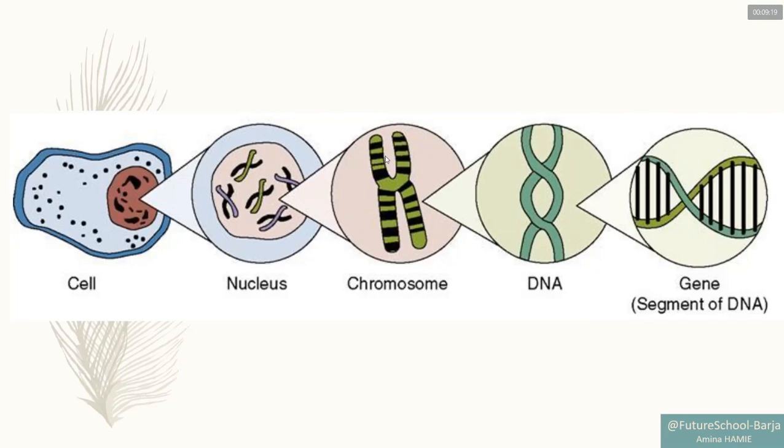Yes, Fatima. Now, does every cell in the body have chromosomes? Yes, every cell in my body has a nucleus. All these cells that contain a nucleus have chromosomes inside them, except the red blood cells. Is it 46, or not?